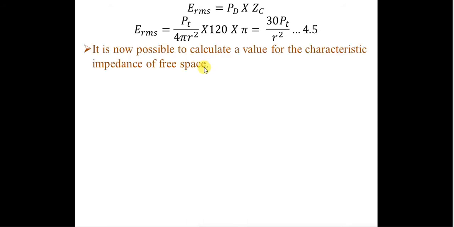So electric field intensity is equal to 30 pt, meaning transmitted power, upon r square.